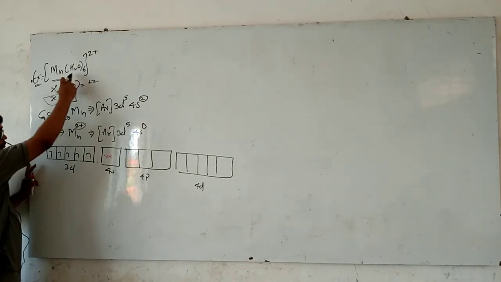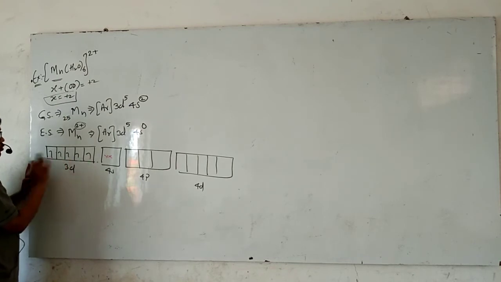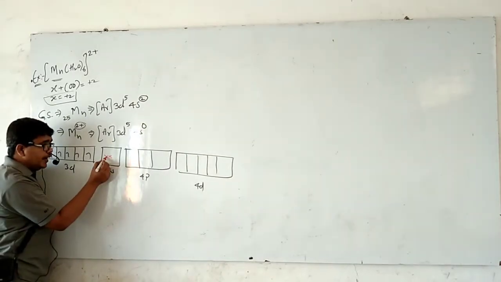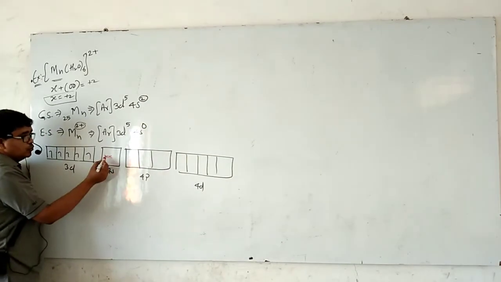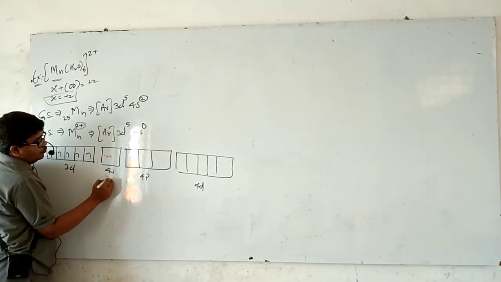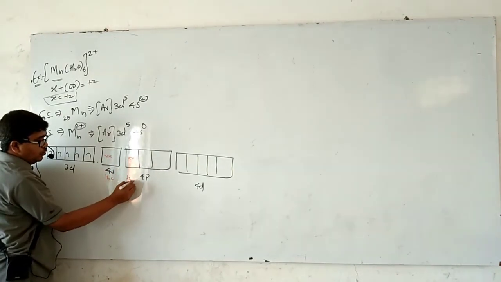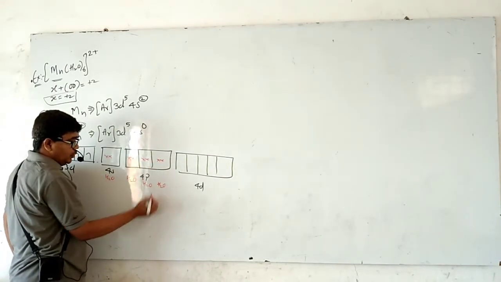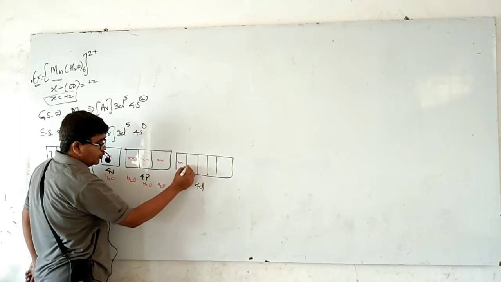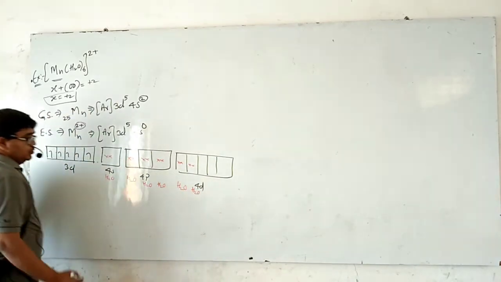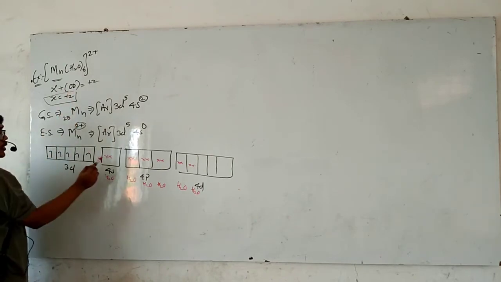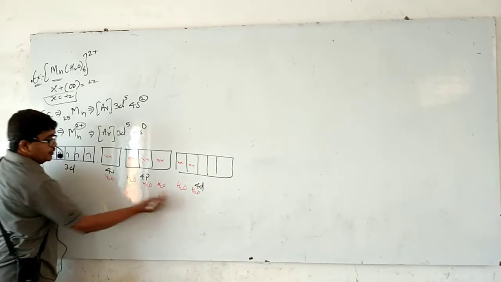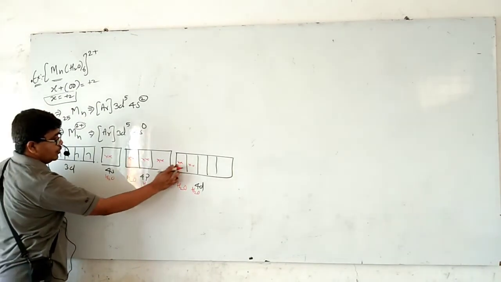H2O is a weak ligand, so these electrons cannot pair up, so I am writing the electrons of the ligand from 4s onwards. These are the 2 electrons of the first H2O, 2 electrons of the second H2O, 2 of the third, 2 of the fourth, 2 of the fifth and 2 electrons of the sixth H2O. The number of H2O is 6, and these are the 6 pairs of electrons given by the 6 H2O: 1, 2, 3, 4, 5, 6.